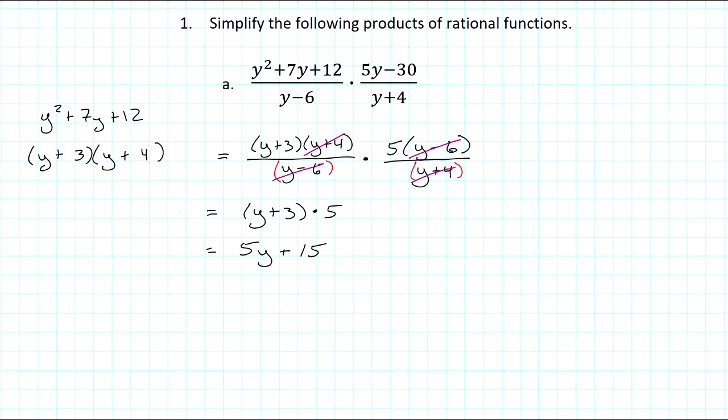We want to factor anything that we can, cancel anything that we can to reduce everything as much as possible, and then multiply out at the end. So that's it. Step one: factor anything you can.